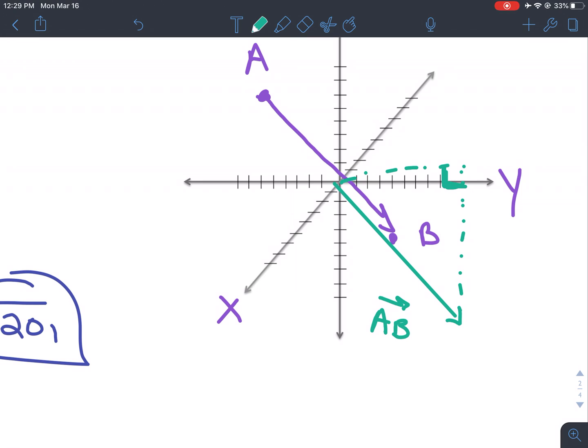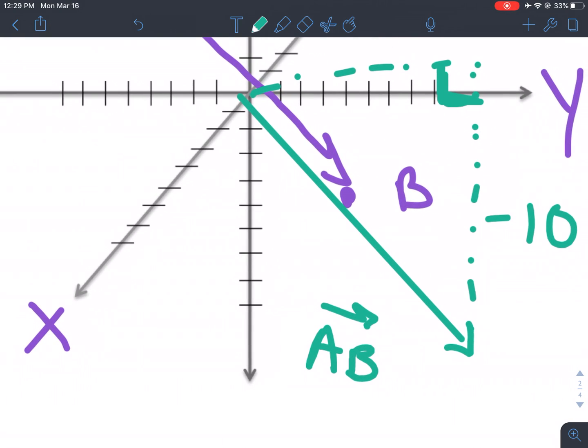So we actually don't want to use tangent. You can, but you would have to find right triangles, for example there, with the XY plane in order to use tangent and find different side lengths. It's much better in 3 dimensions to use the z coordinate here, which is negative 10, along with the magnitude of the vector, which turns out to be the hypotenuse in this triangle that's hanging out in space. That's square root 201.